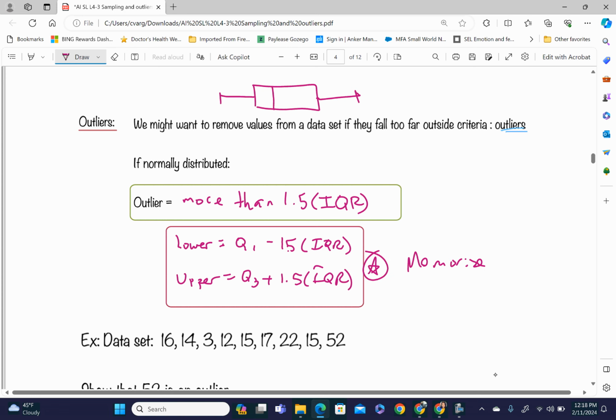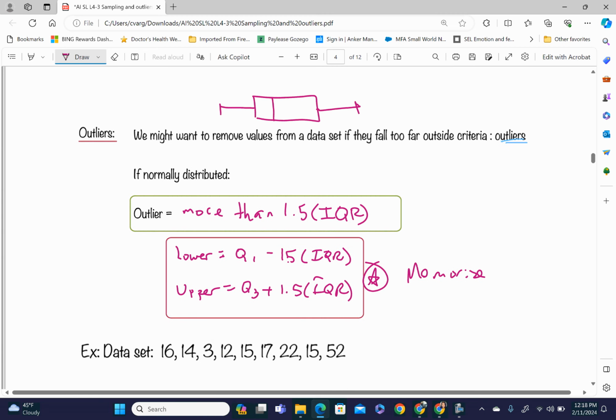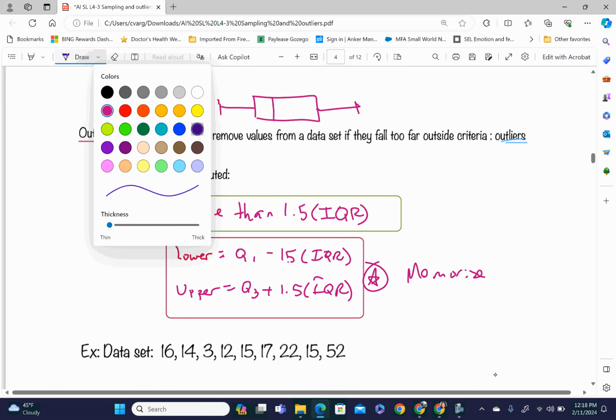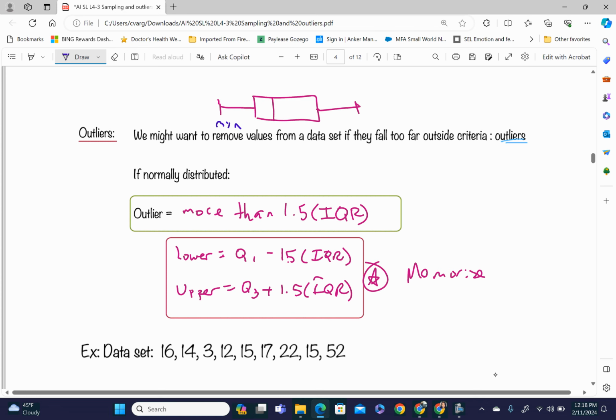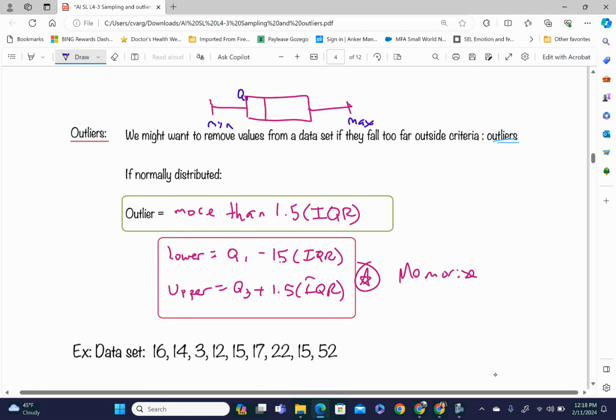Okay. All right. So outlier, just for a picture, right? Let me just change the color so you can see it a little bit better. So this is our min, this is our max, this is our Q1, this is our Q3, and this is our median, aka Q2. And an outlier falls above those or below, okay? There's a mathematical definition for what this is, so you need to know these formulas.